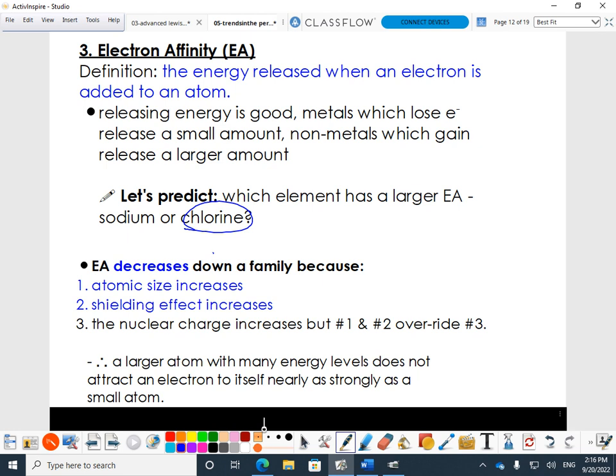Its nucleus, which is positive, is too far away. So when we go towards fluorine, then it's going to be smaller. You're going to pull it in closer. So now the nucleus is more attractive.